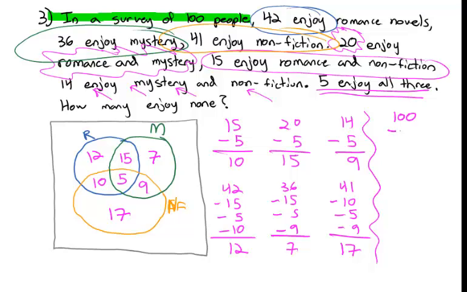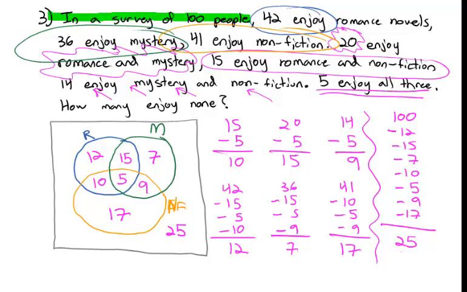In no particular order, almost just reading left to right, we get to subtract out the 12, subtract out the 15, subtract out the 7, subtract out the 10, subtract out the 5, subtract out the 9, subtract out the 17, and that tells us how many fell into none of these categories. So 100 minus 12 minus 15 minus 7 minus 10 minus 5 minus 9, minus 17. I'm getting 25. So we have 25 left over to finish the universal set.